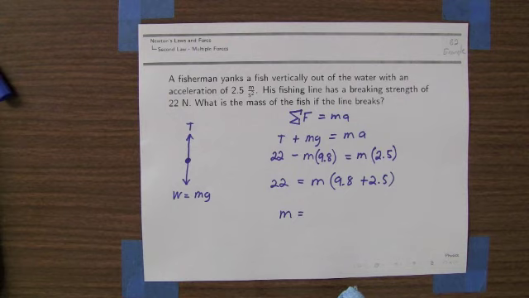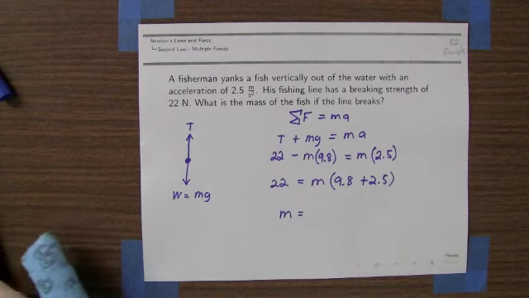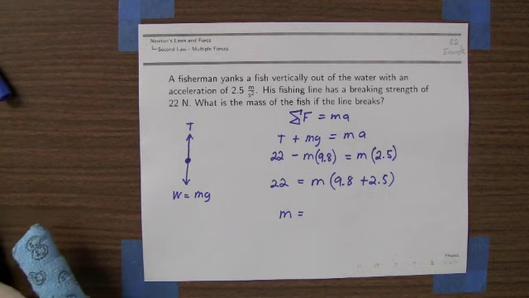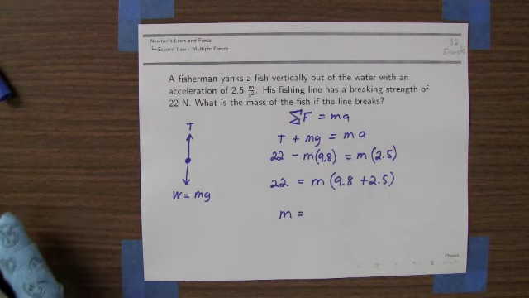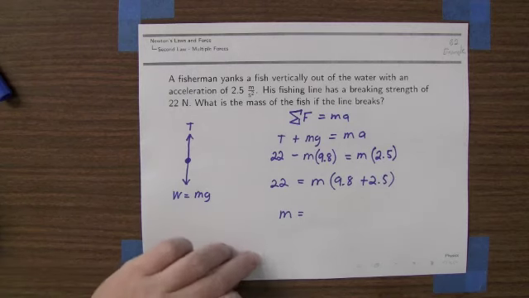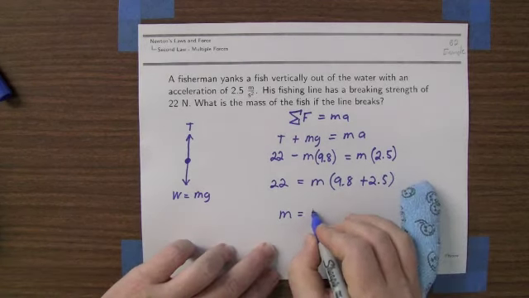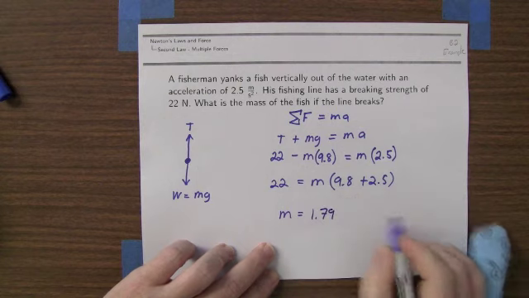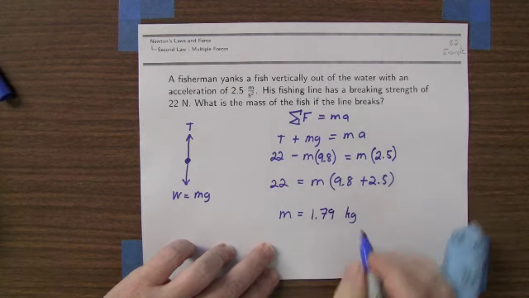And if we solve that, let's quickly do the calculation here. It's 12.3, and then if you divide it, it'll be 1.78. Yes, the mass, I'll go with 1.79 kilograms.